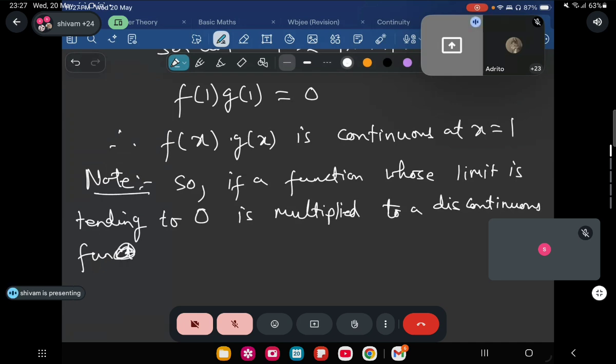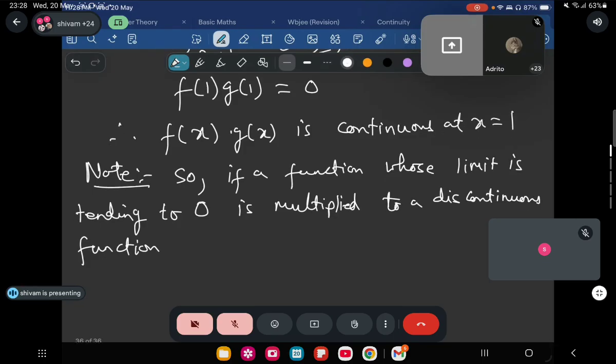So the resultant function becomes continuous.